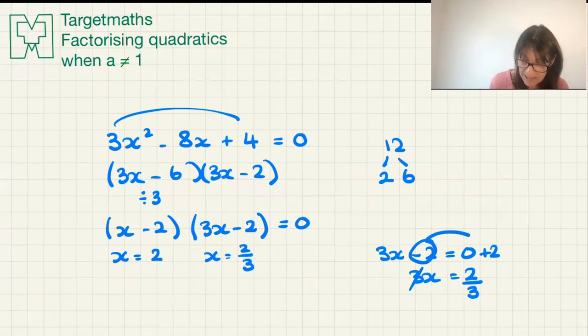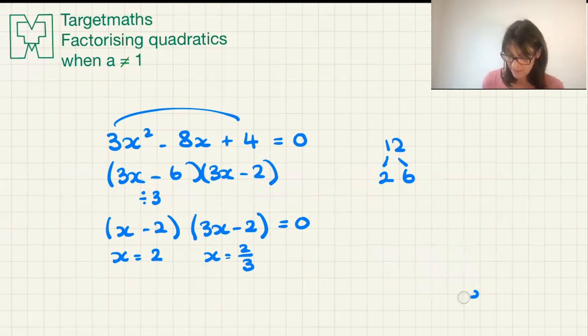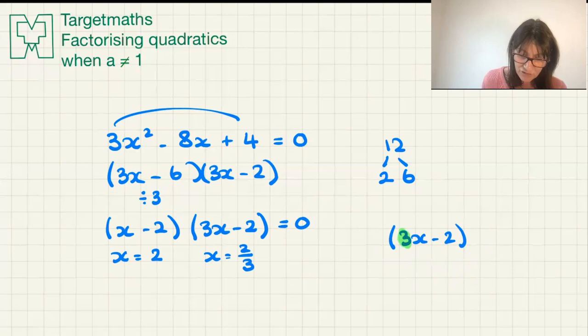But I don't need to write that out every time because there's a bit of a shortcut I can take, and I'll show you the shortcut. If I've got 3x minus 2, I can literally take the 3 and drop it under the 2, and then it's x equals, change the sign, and keep your number.